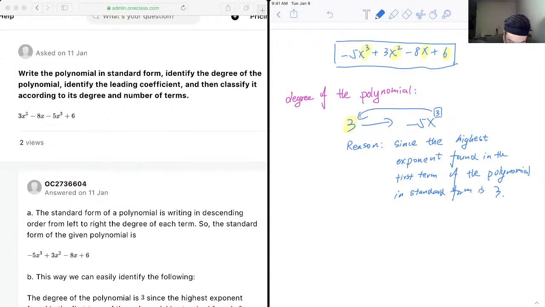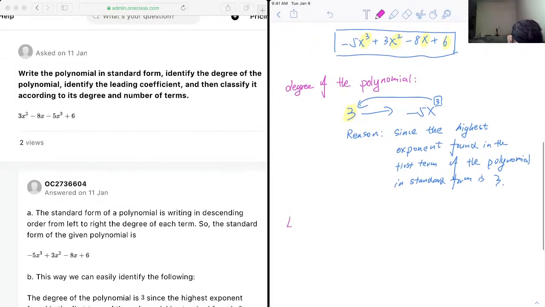After identifying the degree of the polynomial, next we need to find the leading coefficient.